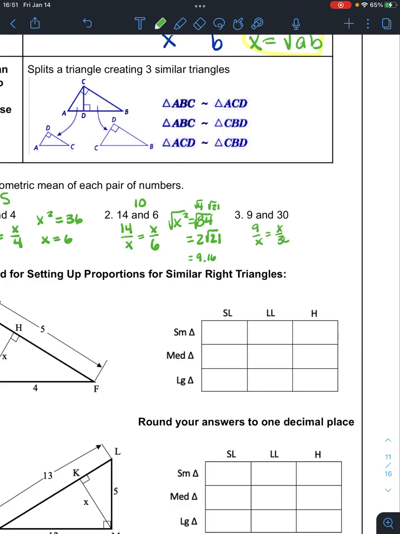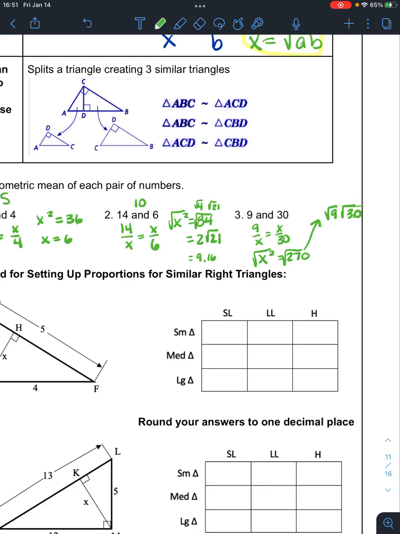And then lastly, we have 9 over X is equal to X over 30. So X squared is equal to 270. So when you want to take the square root of both sides of that, you would simplify. The biggest perfect square that goes into 270 is 9. 9 times 30.